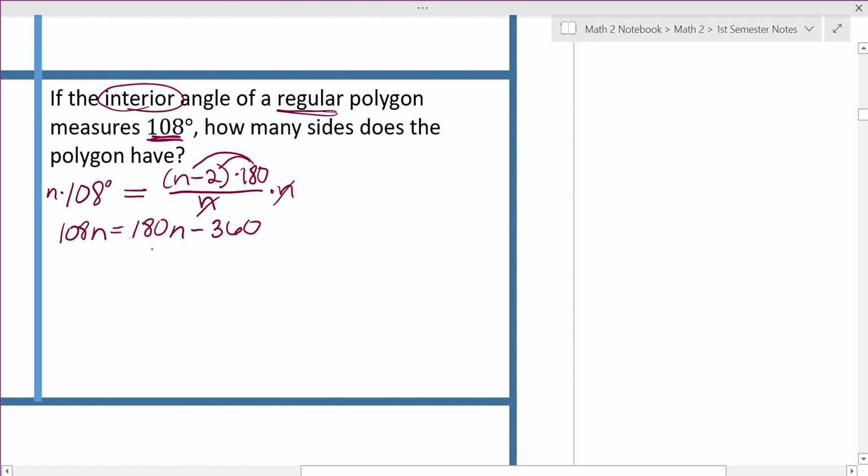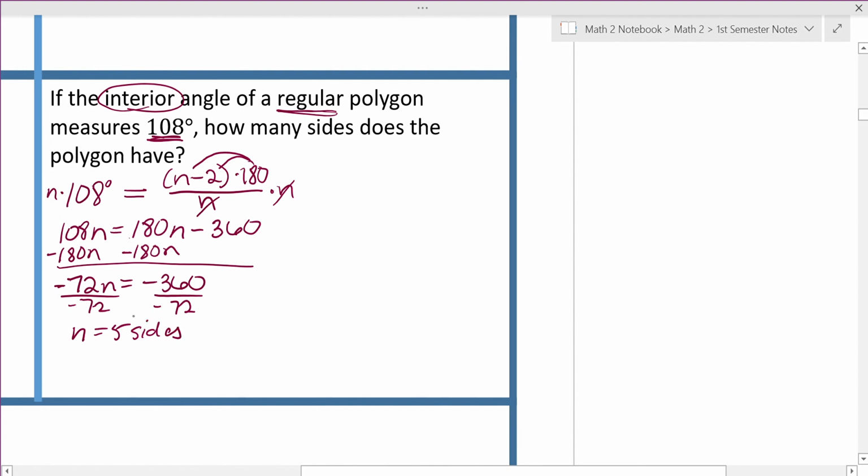Then I'm going to get my n's on the same side. If I subtract 180n from both sides, I get negative 72n equals negative 360. And then I divide by negative 72, and I get that n equals 5. So we know that this is a 5-sided figure.